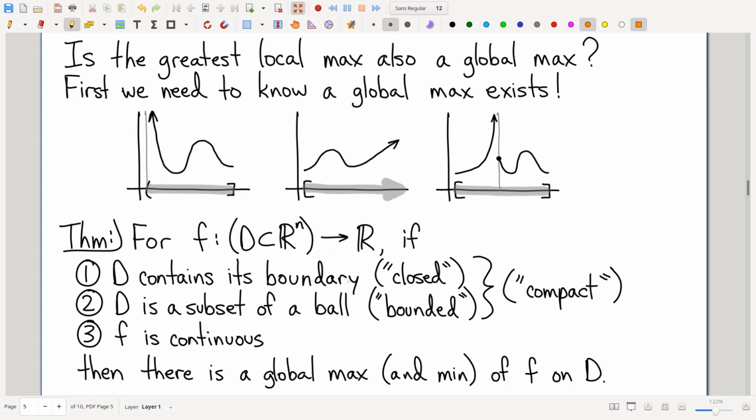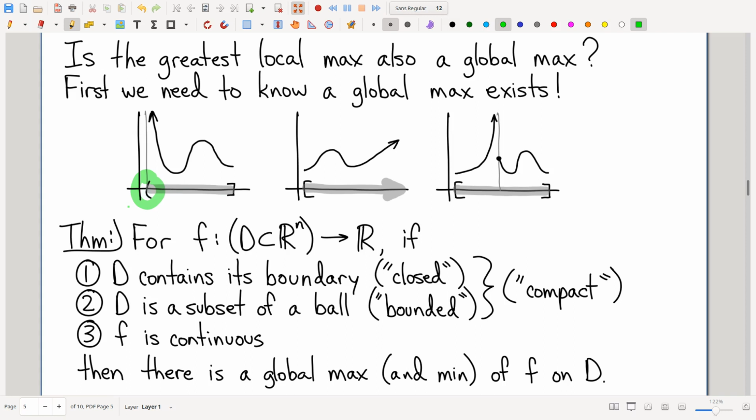If I eliminate most of the points and I want to draw conclusions about the ones that remain, I need to know that this maximizer I'm in search of actually exists. And there's several ways that a maximizer could fail to exist. Look at what's going on over here at the left side of this interval. Because the interval over here is open, there is no endpoint there.